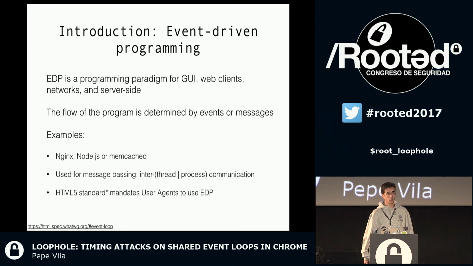Also for the server side, it's working quite well on the server side. Java, Python, there's all sorts of frameworks where you can use event loops. The main benefit is that throughput is quite reasonable with very little consumption. The flow of the program is actually determined by the events or the messages that we get.